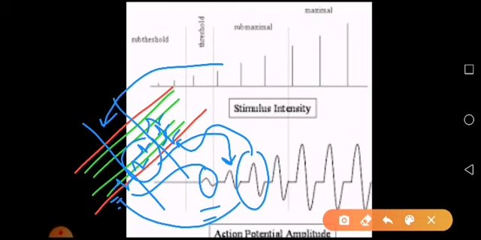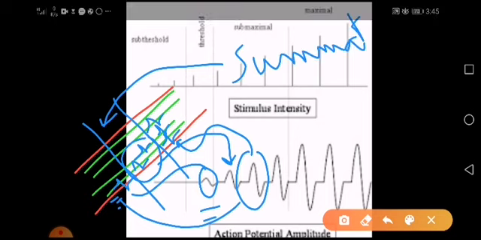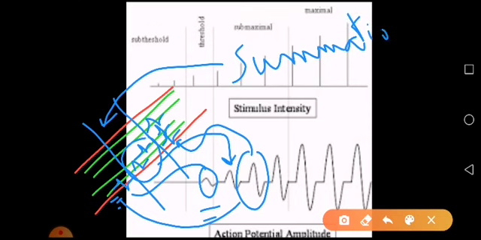That's why we say that the nerve obeys the law of summation. But the fiber doesn't obey this law. The fiber obeys the law of all or none. All or none means that it gives you either a complete action potential or no action potential.